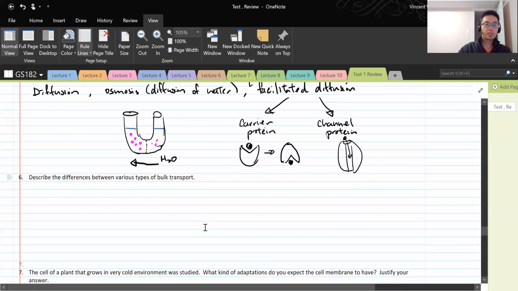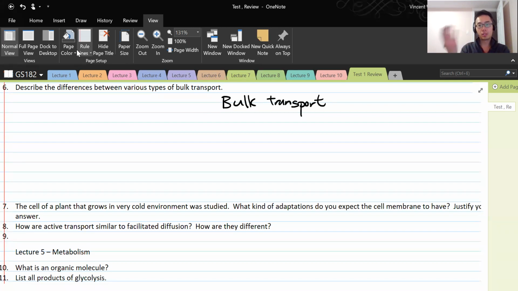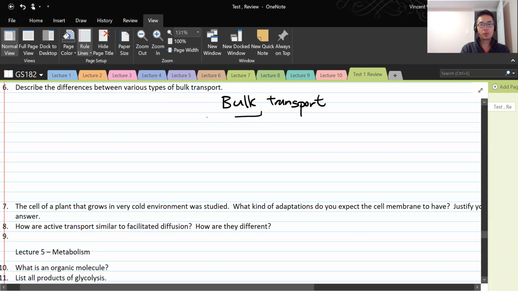Next one, describe the differences between various types of bulk transport. Okay, so bulk transport. That just means you have to move a lot of big things in your transport. So there is the exocytosis.